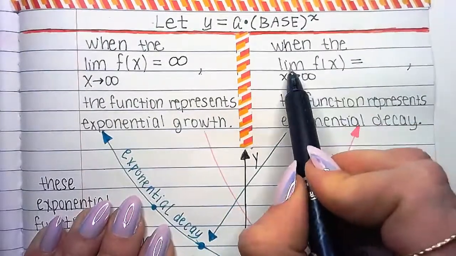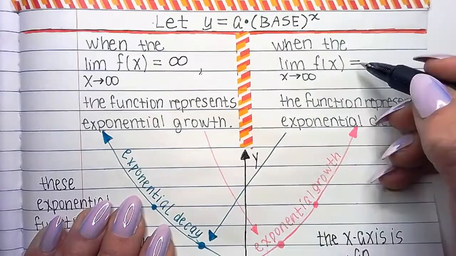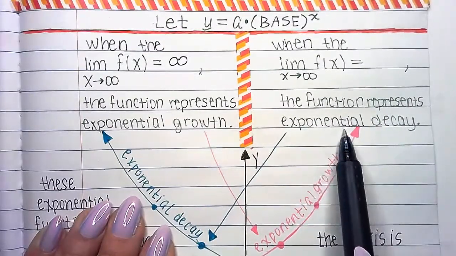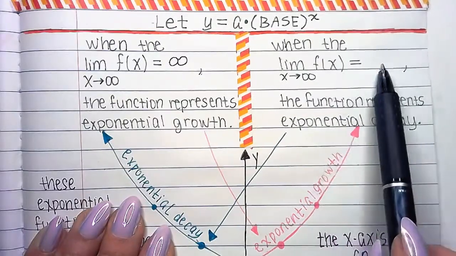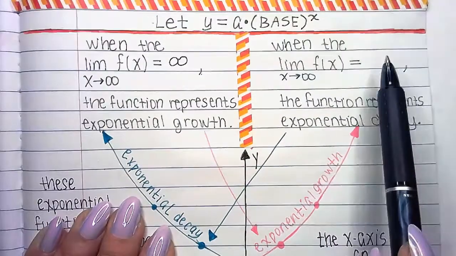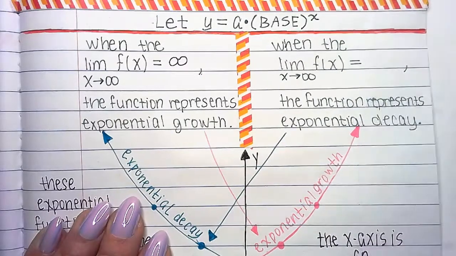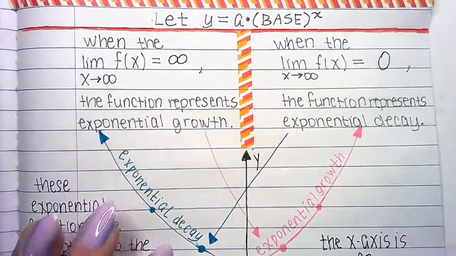When the limit as x approaches infinity of f of x equals blank, the function represents exponential decay. What does our y value get closer and closer and closer to when it's exponential decay? If you remembered to say 0, you were right.